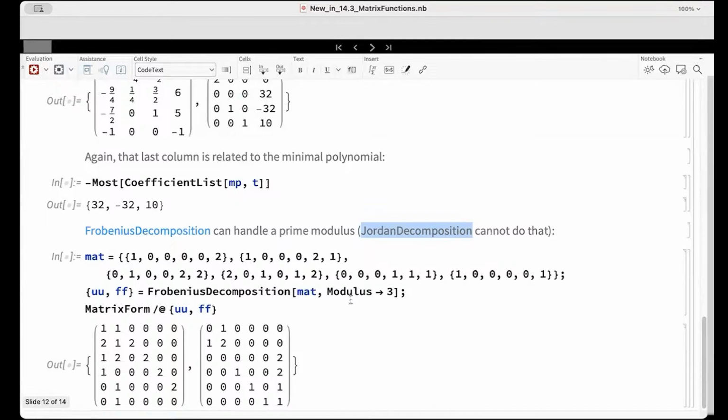It's a well-known thing in university algebra courses, but then there's some ambiguity of how they're defined, and you have to set up some amount of notation, and it's just more trouble than it's worth, frankly. And the users wouldn't much care about it. So anyway, Frobenius decomposition handles a prime modulus just fine.